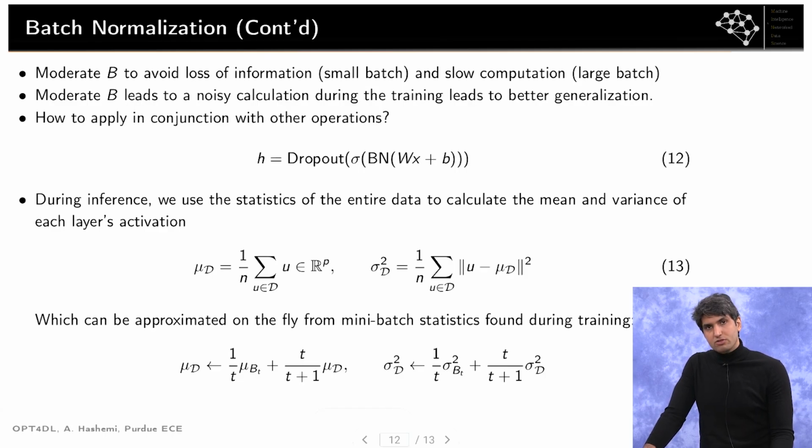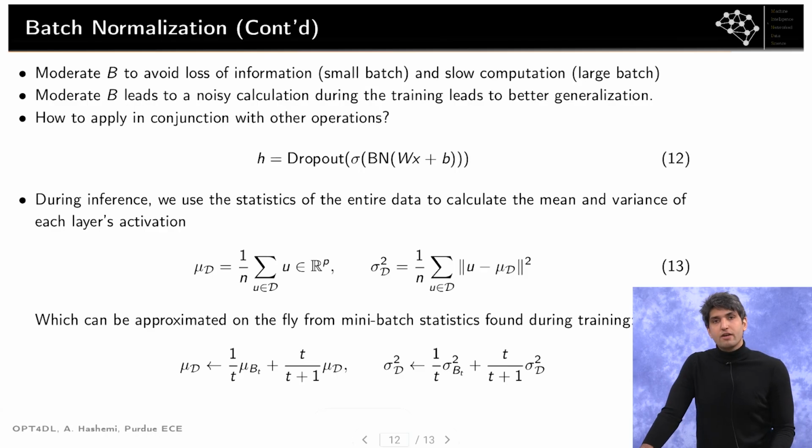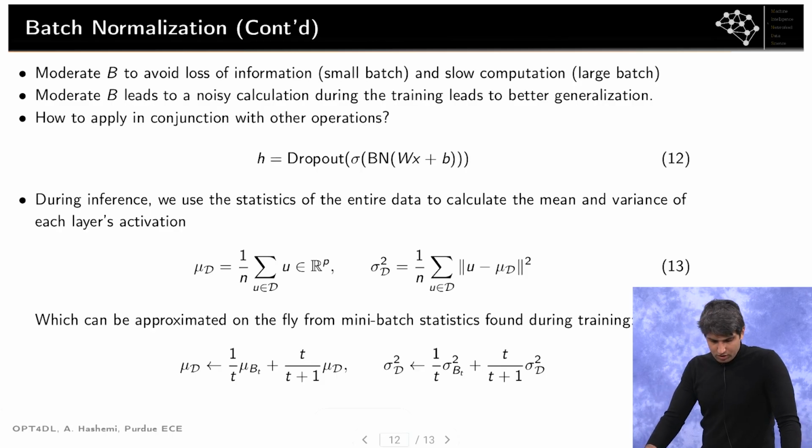And this is something we're going to talk about a little bit more in our lecture on regularization, okay? So when the batch size is moderate, our operation is going to be somewhat noisy as well. So this noise could be associated with better generalization that we typically see from the models that employ batch normalization.